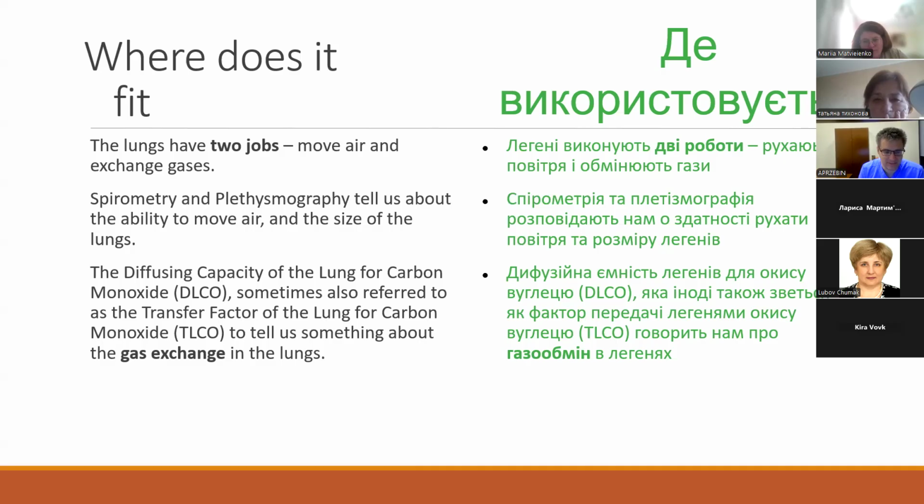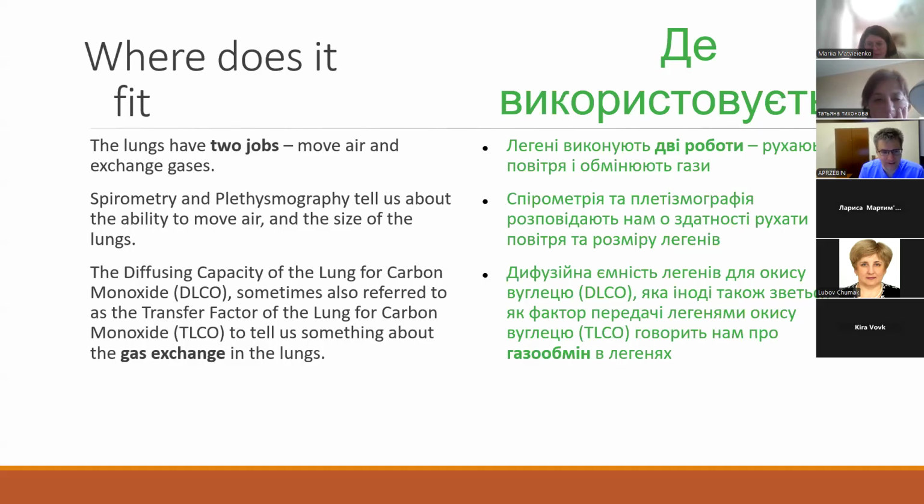Of the other lung function tests, spirometry is probably the most useful single pulmonary function test. It tells us how fast we can move air, how big of a breath you can take, and several other things. Plethysmography, which I gave the lecture on a few weeks back, tells us about the size of the lungs, how much air is left after you exhale, so what is the total lung capacity, and a few other things as well.